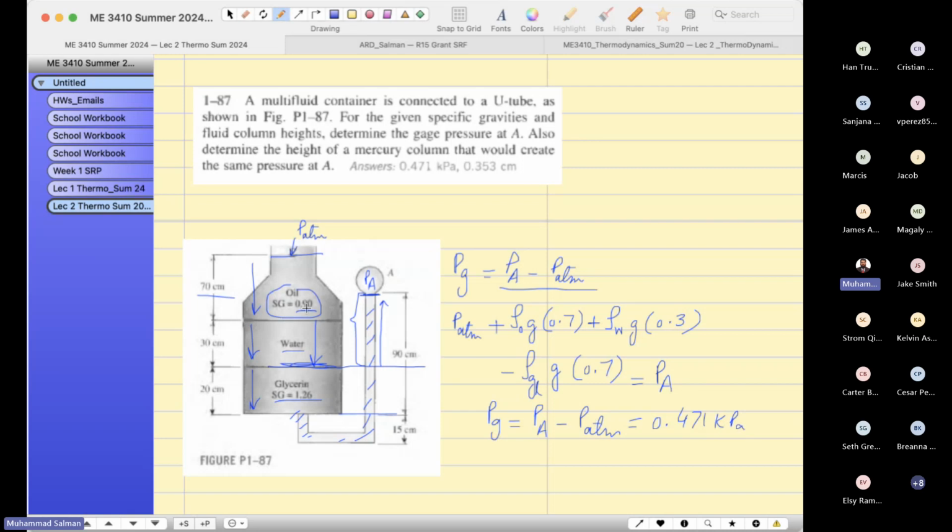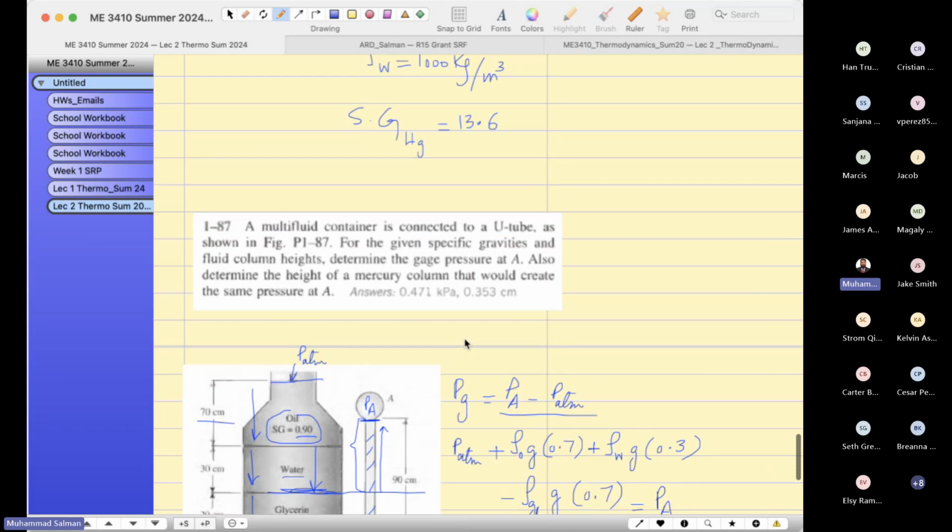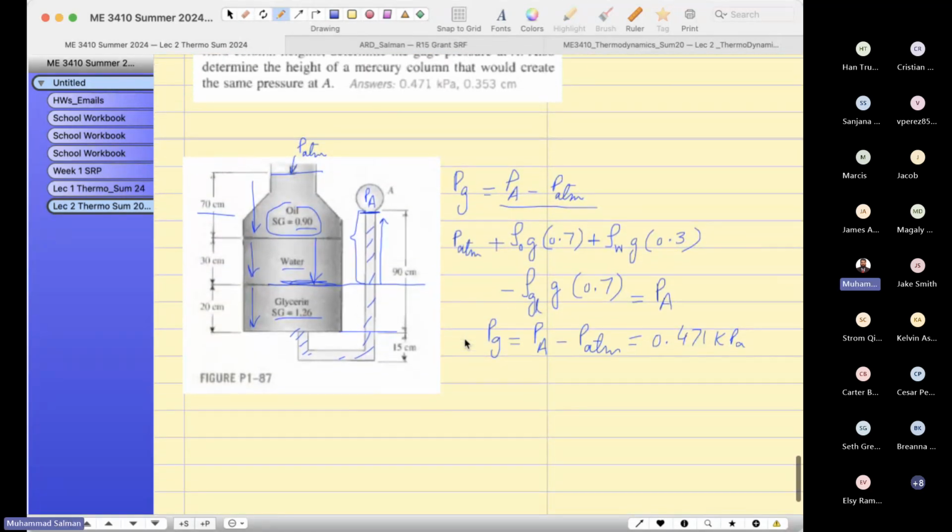Now here the specific gravity, as I mentioned, this is the formula. From specific gravity, you can find the density.